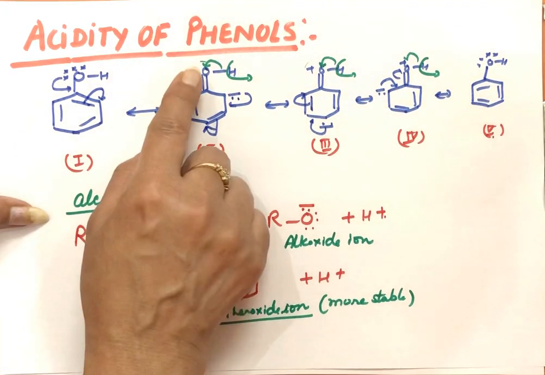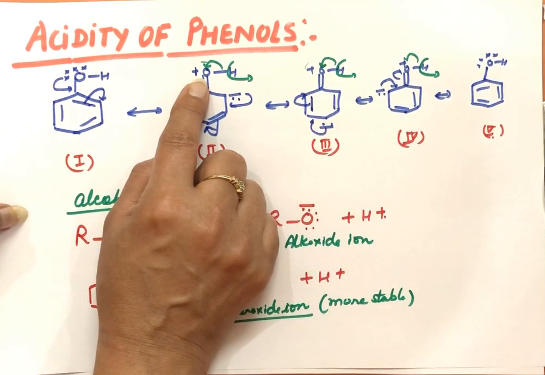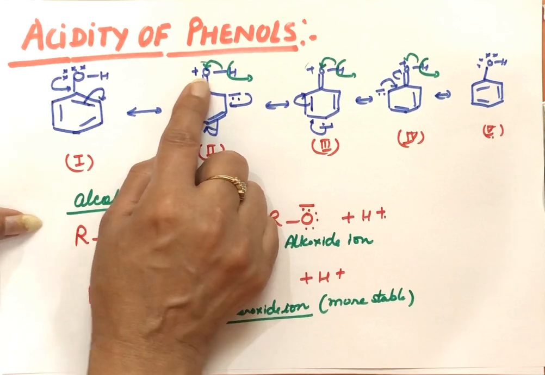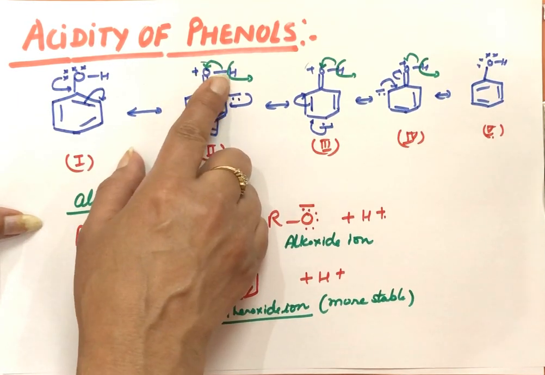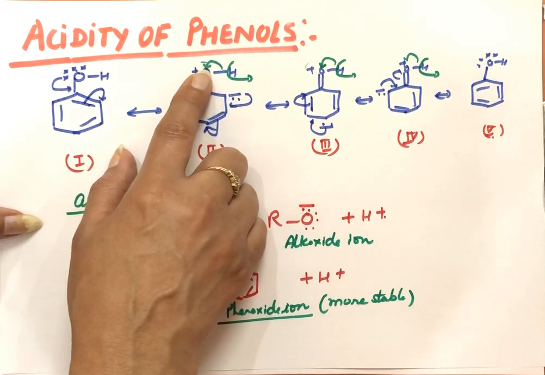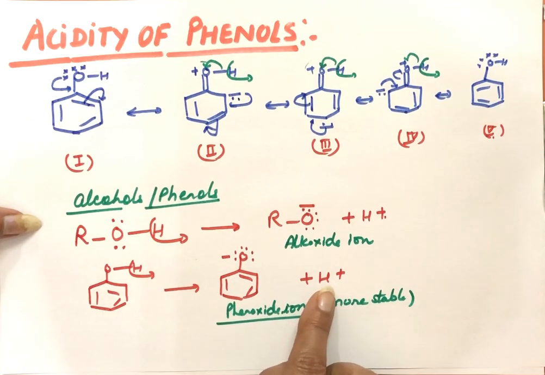So oxygen will become electron deficient, but O is electronegative in nature. To complete its deficiency of electrons, it pulls the electrons from the H side, from this OH bond side. That means if it is pulling electrons from here, release of H plus will be easy. And release of H plus here is easy.